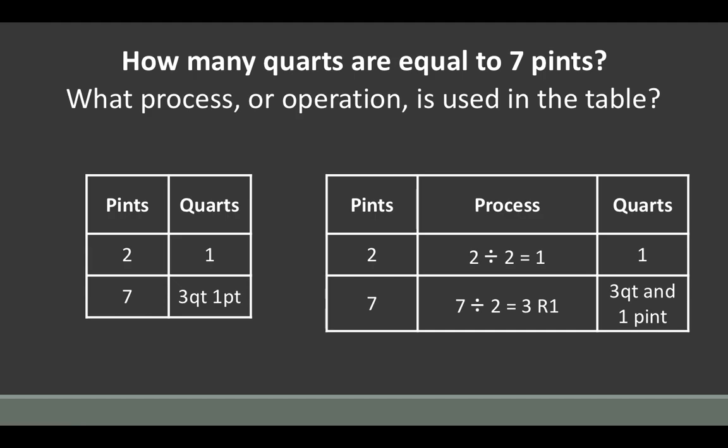Now, if you remember back to one of the perimeter and area problems that I gave you last week, where you were asked to find the length of side A, if you knew that A and B were congruent and you were given the perimeter and the measurements of the other sides, one of the reasons that I gave you that problem is because of this process right here. That way you can understand how you would split this and turn it into a fraction or a decimal. But again, that's only if you really want to take this to the next step. When you're tested, most likely you're only going to be required to turn it into this format.